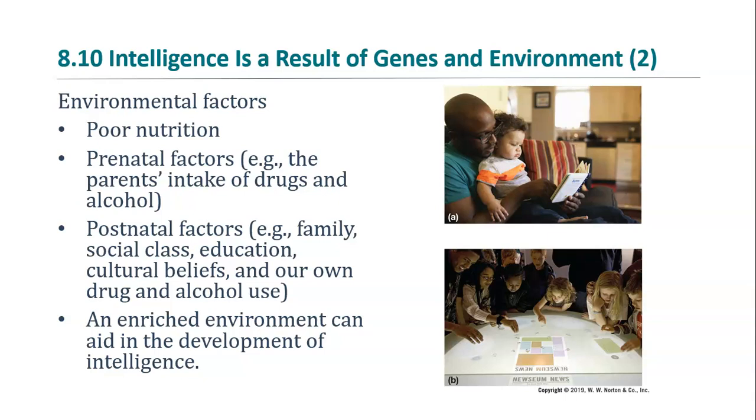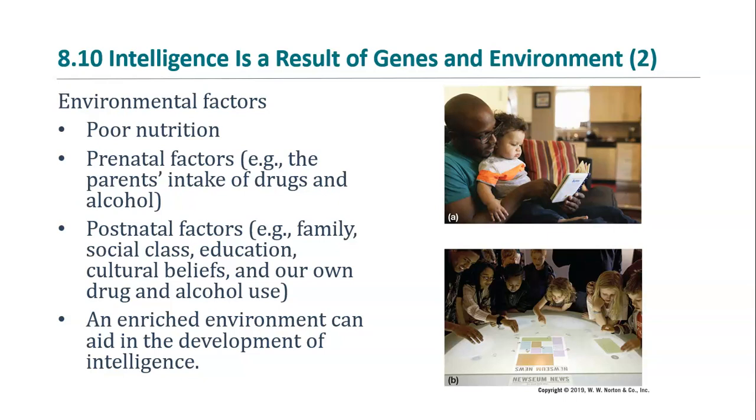Various teratogens we talked about in Chapter 4, teratogens being substances that can affect fetal development, including drugs and alcohol, heavy metals, radiation, etc., can affect the development of the brain and other organ systems.